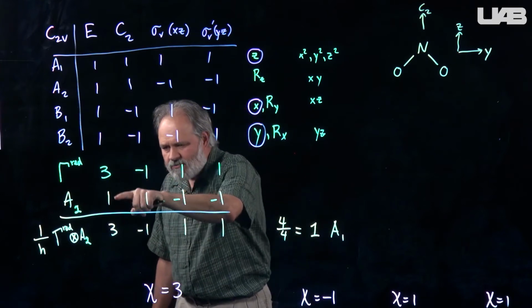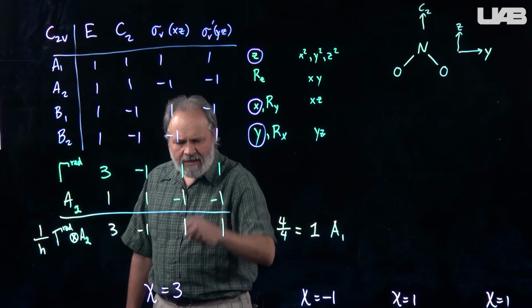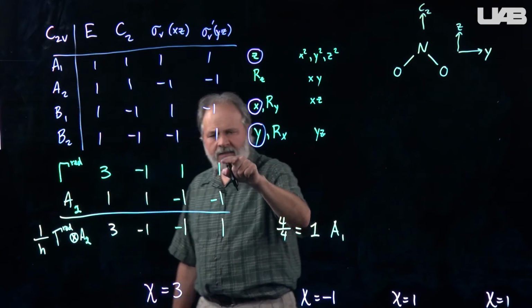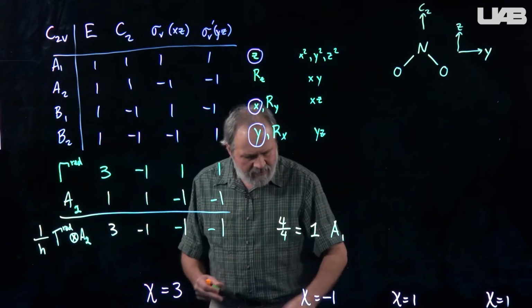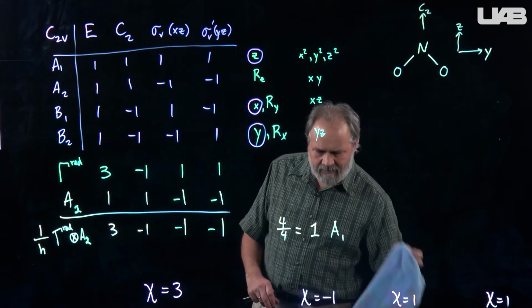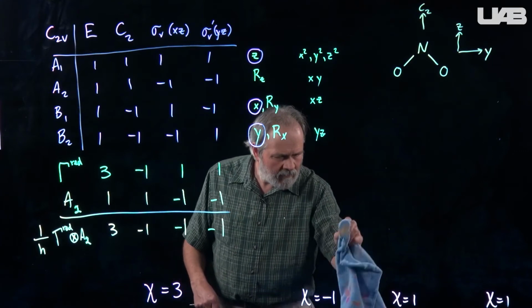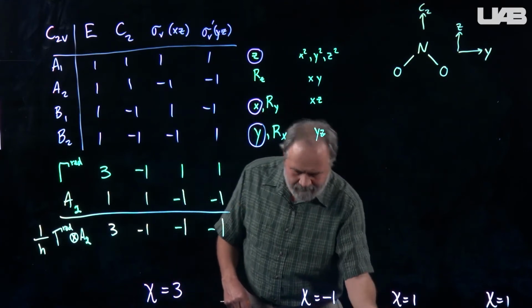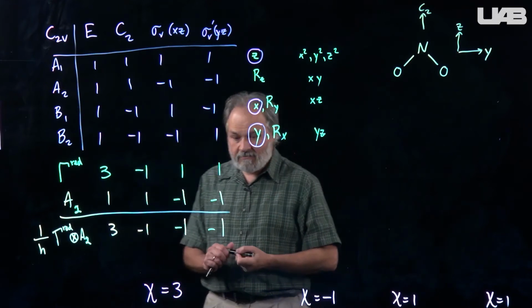The product is 3 times 1 is 3, -1 times 1 is -1. This one now is -1, and this one now is -1. Now let's see what happens to the sum of these. Well, 3 minus 3 is 0.